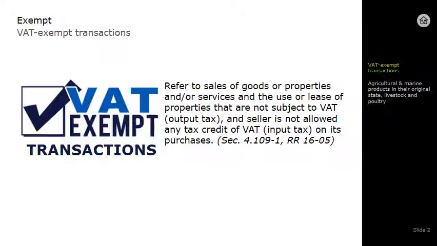Well, the Revenue Regulation 16-05, as amended, had the occasion to describe what are exempt transactions.